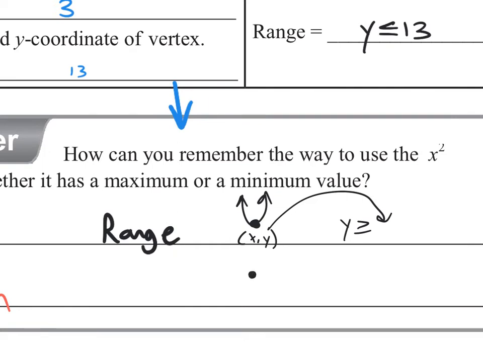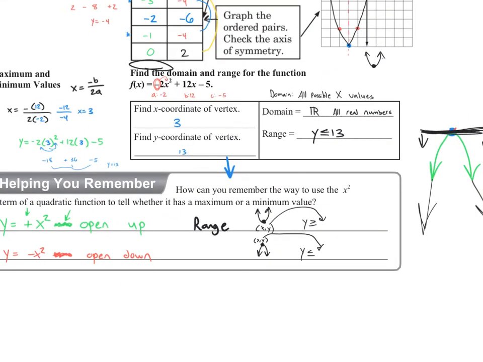If you have a quadratic that opens down with some vertex x comma y, your range is going to be y is less than or equal to whatever that number is. And what this is saying is, if you were trying to punt a football and you wanted to get it 70 yards into the air, or 50 yards into the air.